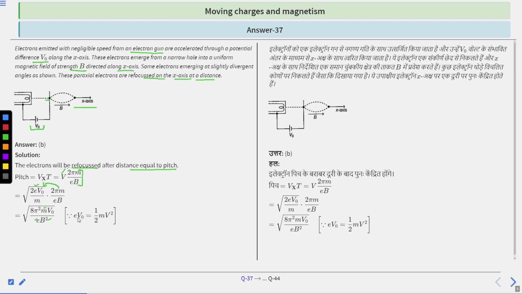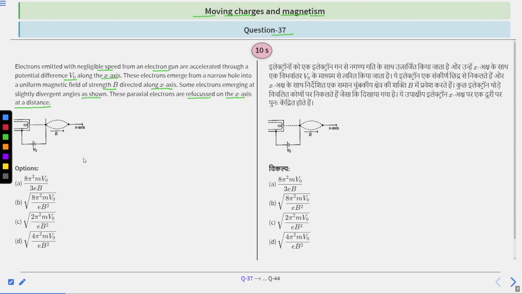Clear? Where eV naught is equal to half mv square. So the electrons will be refocused after a distance equal to the pitch, and that distance is this. So the correct answer is option B. Clear? B option is correct.